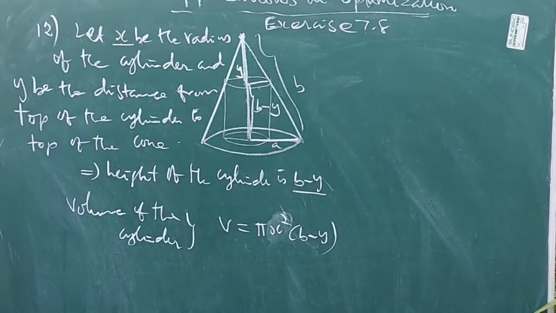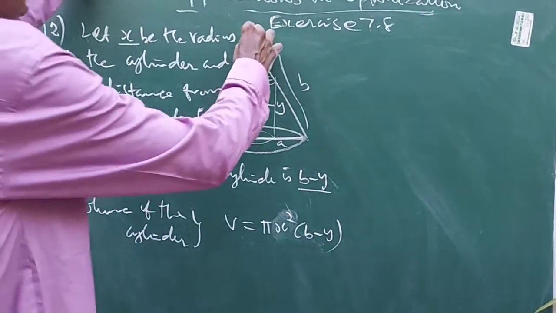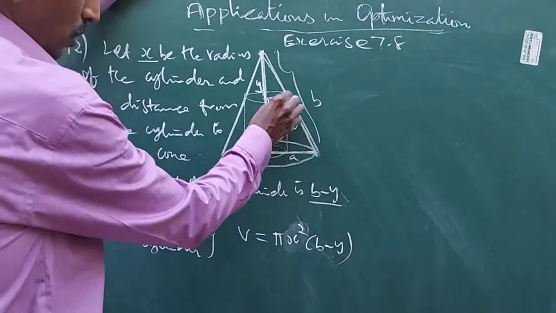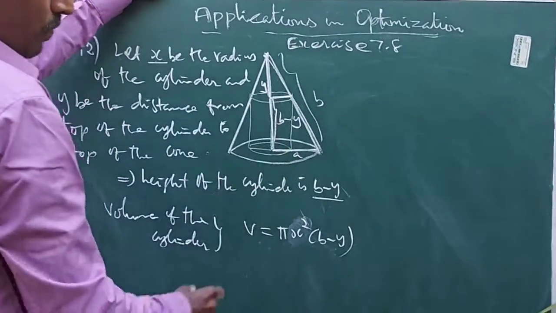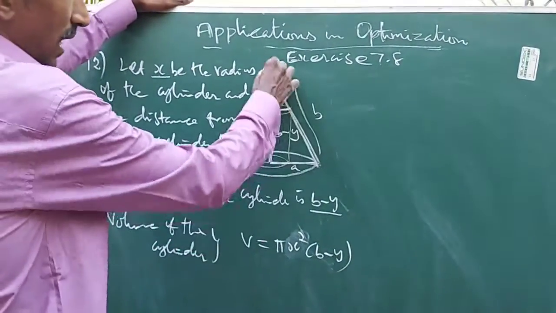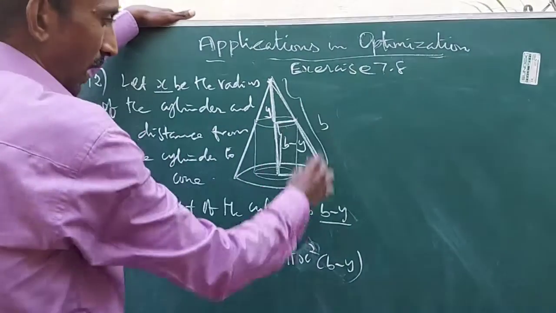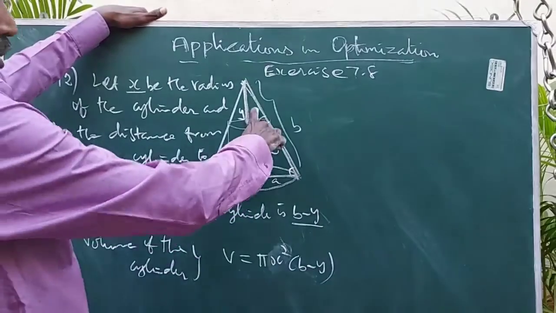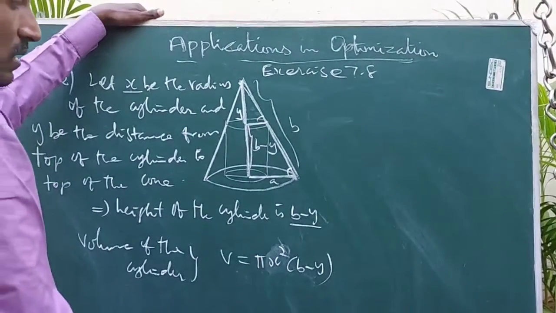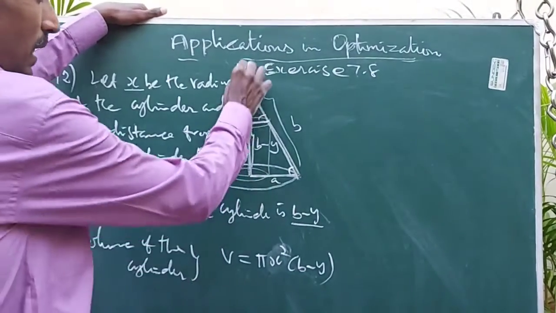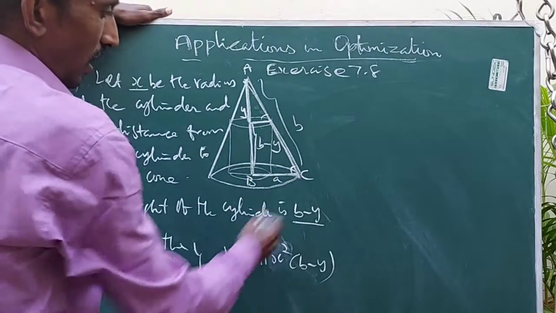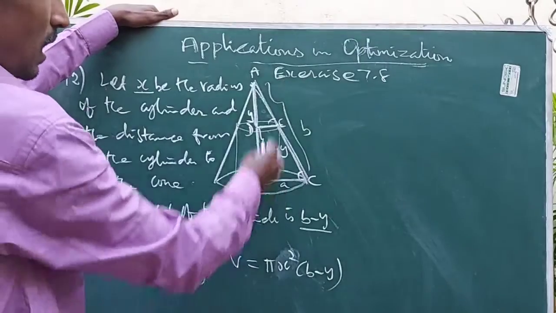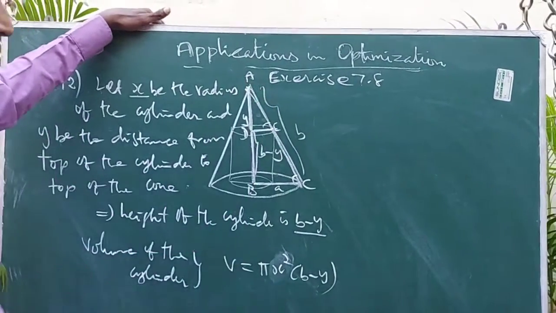But here no information is given. But if we take this triangle, it is a right angle triangle. So there are two triangles inside: the outer, largest triangle and the similar smaller triangle. This angle theta means this is also theta. So the two triangles are similar. If you want you can name them A, B, C and D, E. Triangles ABC and ADE are similar triangles.